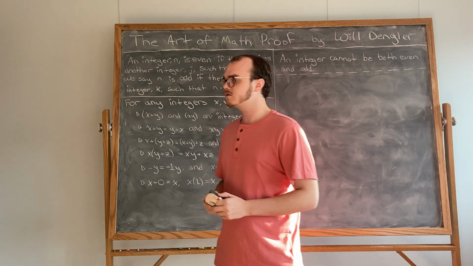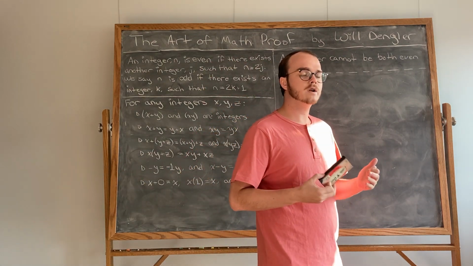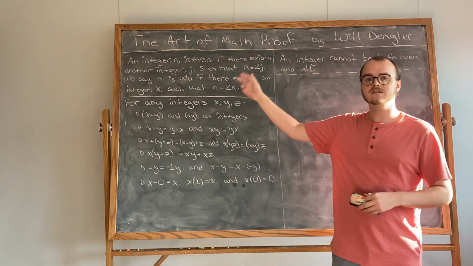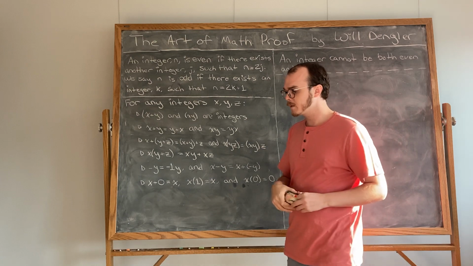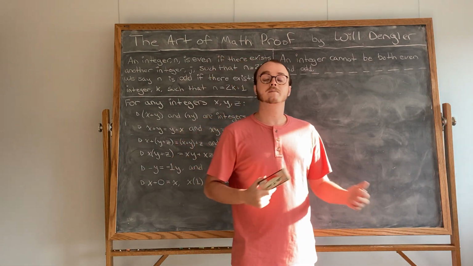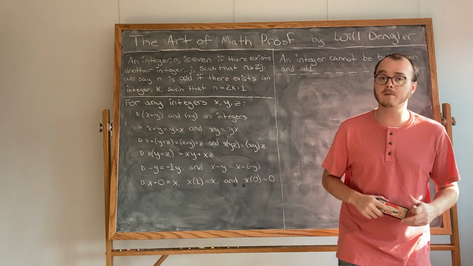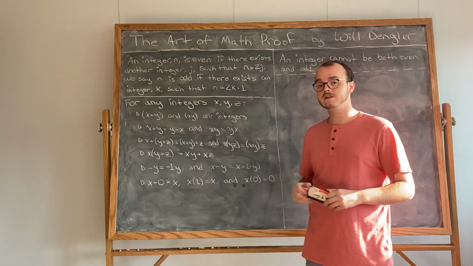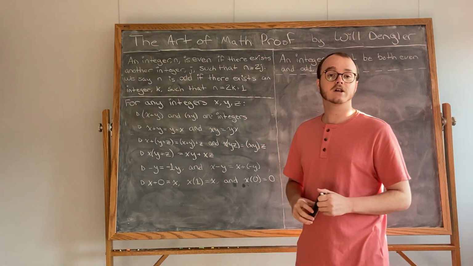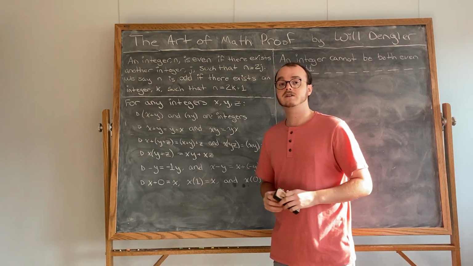Didn't we base our definition of oddness off of what it meant to be even? Didn't we say that an integer was odd if it's equal to an even integer plus 1? Well, that's how we developed our understanding of what it meant to be odd. But at the end of the day, the definition we came up with for oddness, that there existed a second integer such that the first is twice the value of the second plus 1, has nothing to do with evenness.